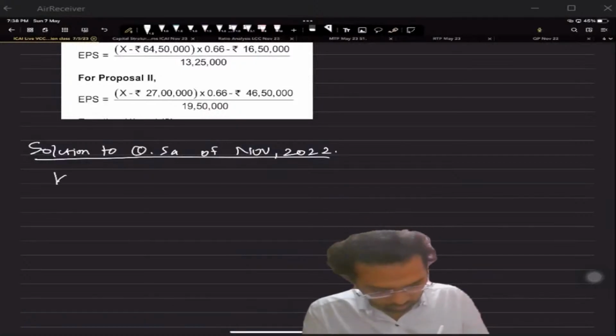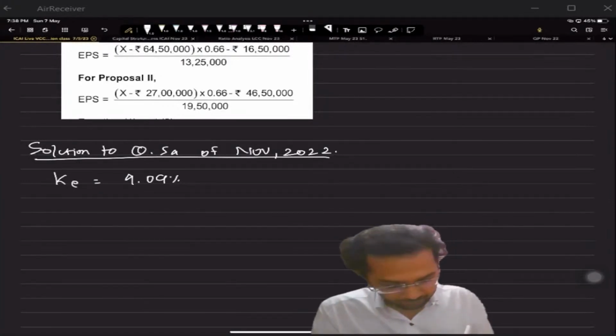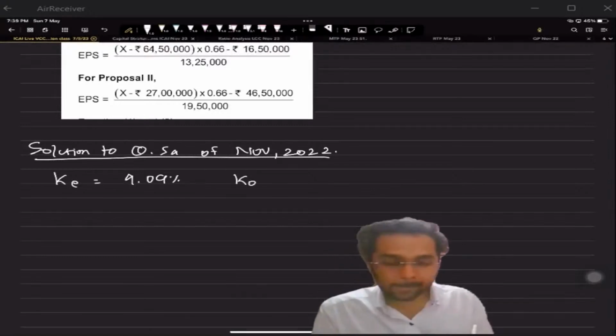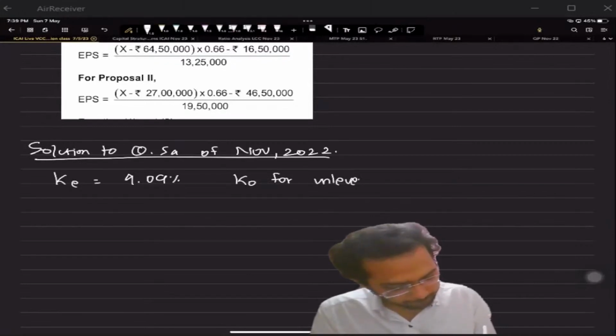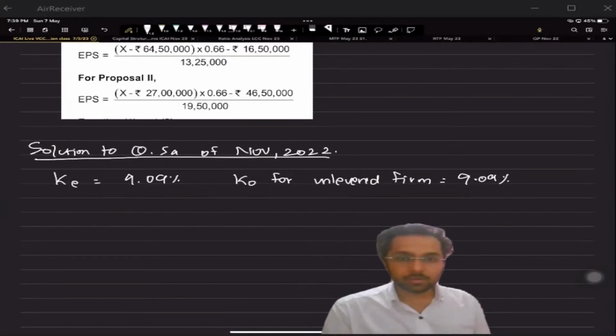So K is given as 9.09%, right? And this K itself will be KO for unlevered form is also going to be 9.09% only, right?